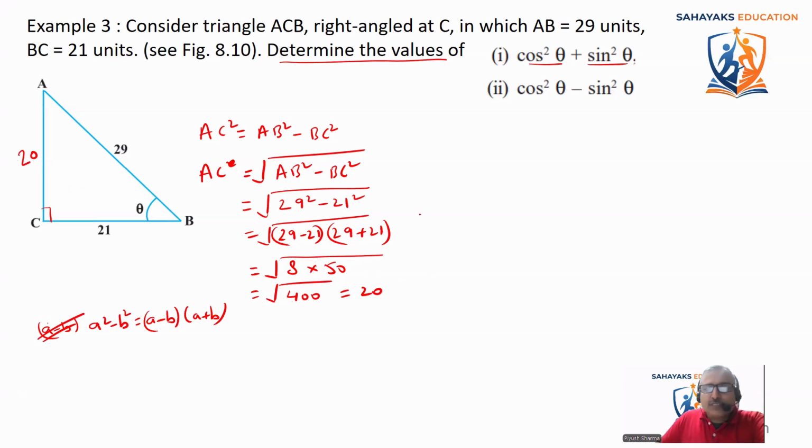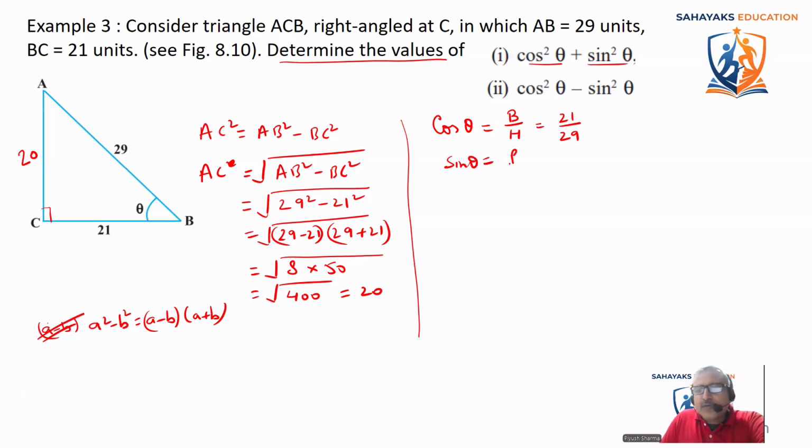Now we have all the ratios. Now we have to find cos squared theta plus sine squared theta. So what is cos theta? Cos theta is equal to base divided by hypotenuse, so base is 21 divided by 29, right? And what is sine theta?